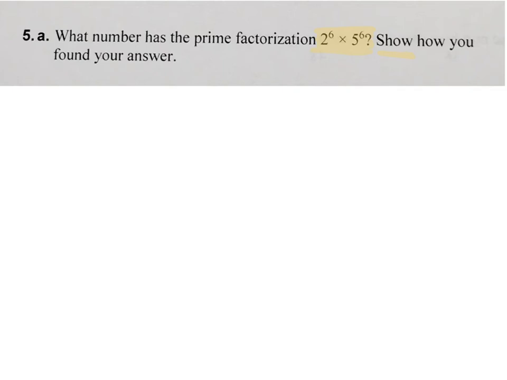Well, I'm not going to do this problem. I'm going to do one like it. So let's just say 2 to the 3rd power times 5 to the 2nd power.